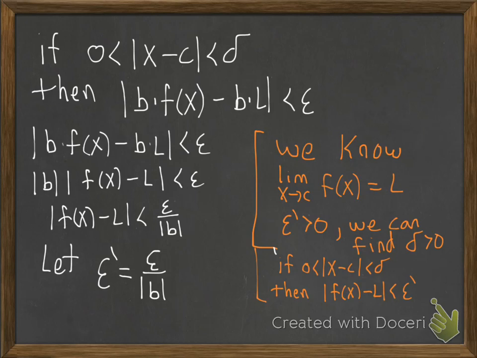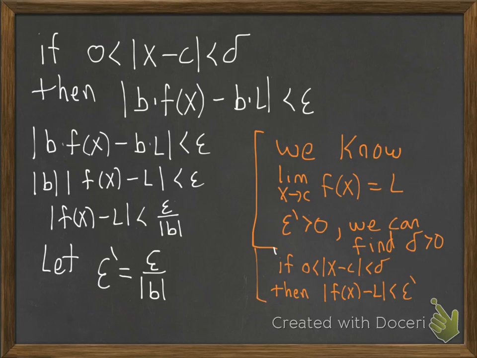But if the absolute value of f of x minus L is less than epsilon prime, then it's also, of course, less than epsilon over b. And if that's true, then the absolute value of b times f of x minus L is less than epsilon. And so b f of x minus b L is less than epsilon.